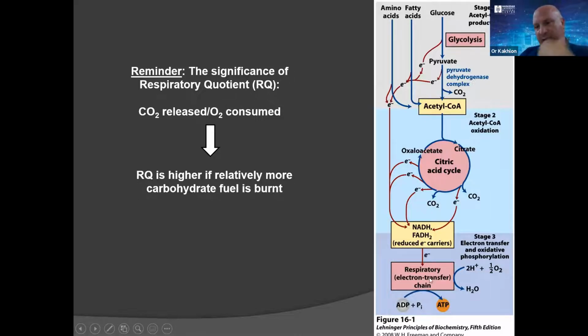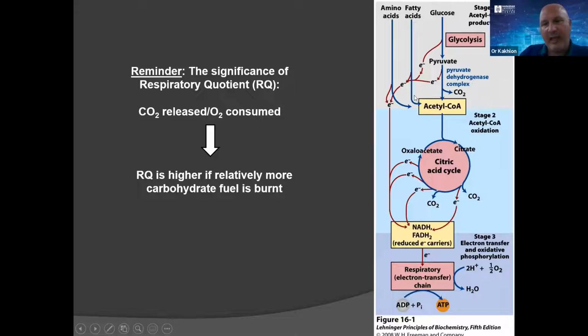donates electrons in the respiratory chain, which eventually go to oxygen, and in this process, of course, the mitochondria produce ATP. So the more carbohydrates are metabolized, the more the electrons of the reducing power go through the citric acid cycle, which releases CO2. You can bypass the citric acid cycle if your fuel is not carbohydrate but fatty acid or amino acid.